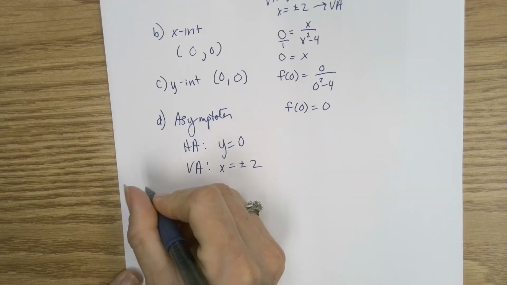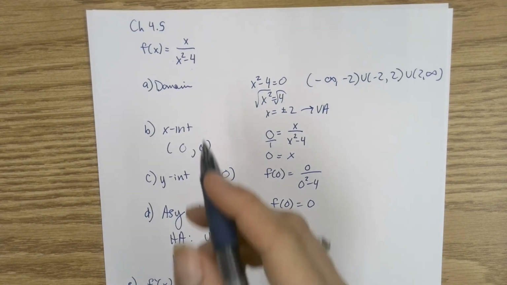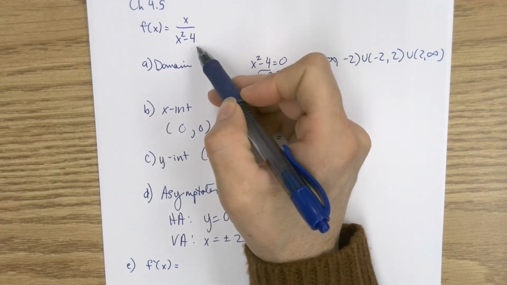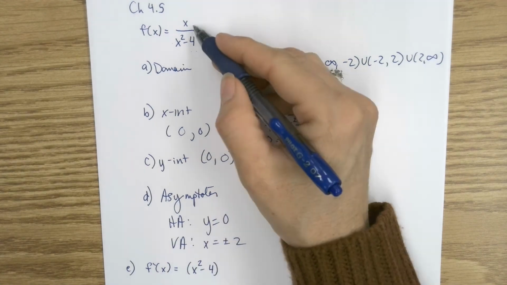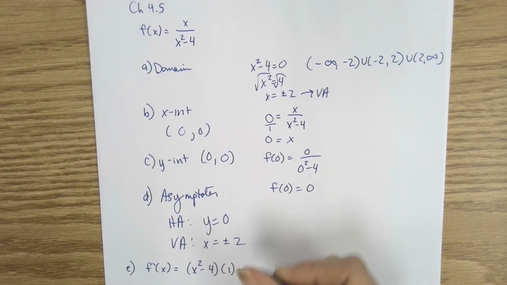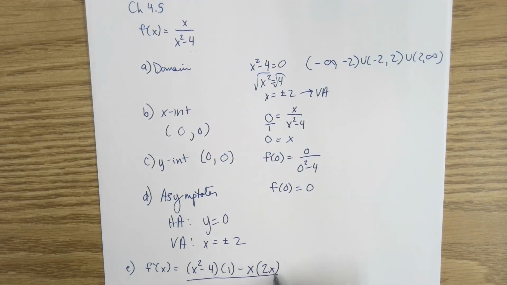So for part E, we're going to find f prime of x, which means I am going to be using my quotient rule. So low is x squared minus 4, d high, the derivative of x, is 1, minus high is x, d low is 2x, and that is all over the denominator squared.